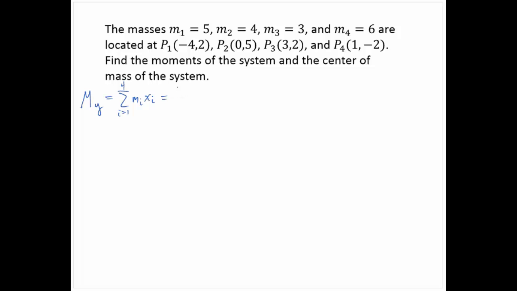So that would be 5 times x sub 1 is -4, plus 4 times x sub 2 is 0, plus 3, x sub 3 is 3, plus 6, x sub 4 is 1. All right, so if we add that up, that's -20 plus 0 plus 9, that's -11 plus 6 is -5. M sub y is -5.